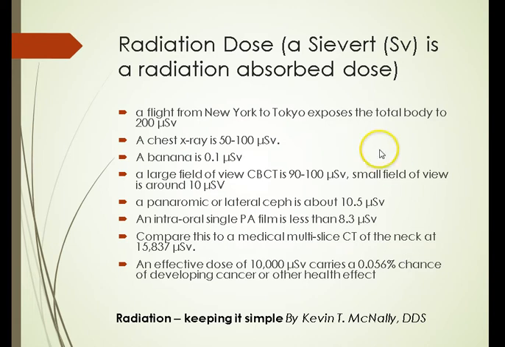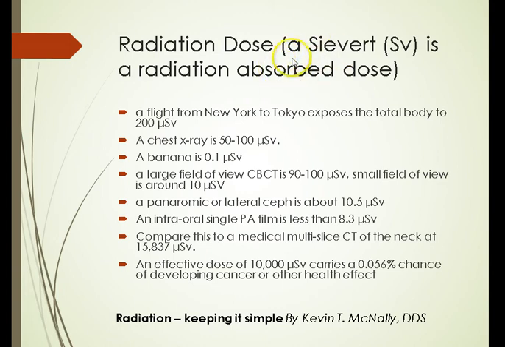So just to give us some type of reference, you can tell your patients that a flight from New York to Tokyo exposes the total body to 200. What is 200? It's the radiation dose we're using, the radiation absorbed dose, which is how much radiation is absorbed.